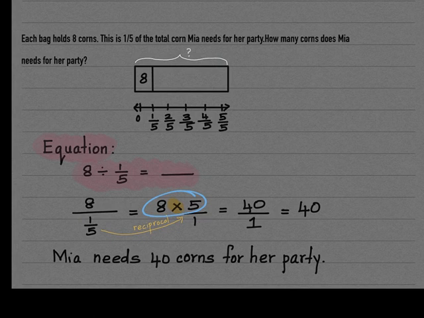Multiply the numerators. 8 times 5 is 40. And the denominator, 1 times 1 is 1. 40 over 1 is 40. So Mia needs 40 corns for her party. So that is a statement for this question, last question. How many corns does Mia need for her party? Mia needs 40 corns for her party.